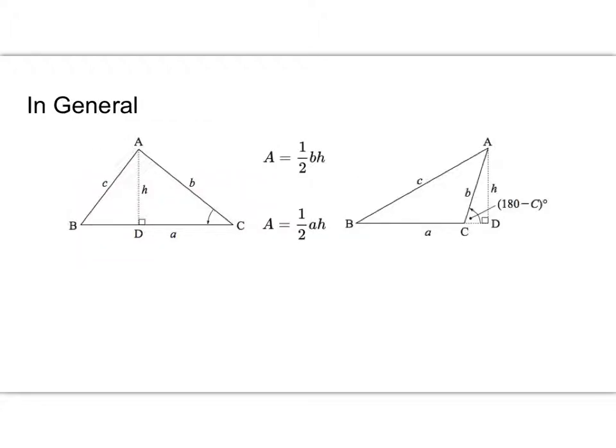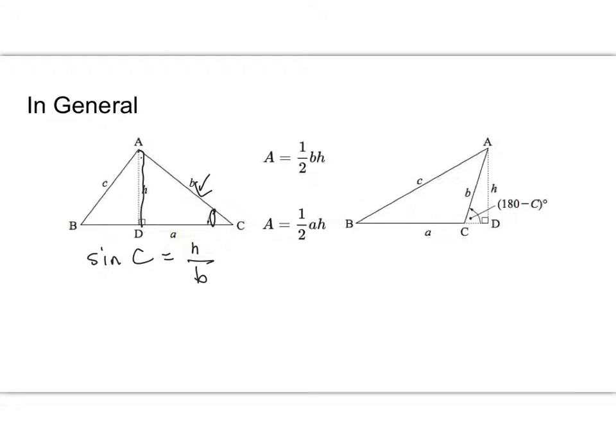So in general, when we're finding the height of a triangle, if it's an acute triangle, it's the sine of the angle, which in this case is angle C, is equal to the height here divided by the hypotenuse on this side of the right angle, across from the right angle.